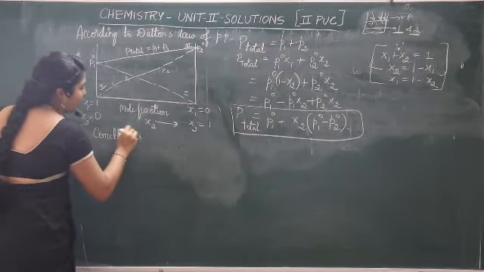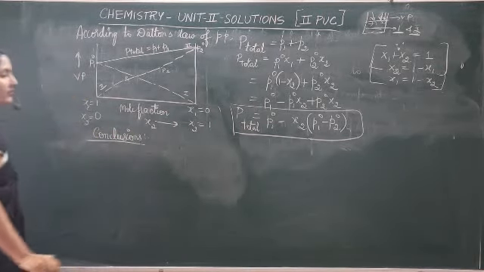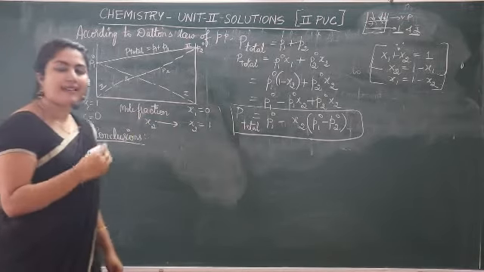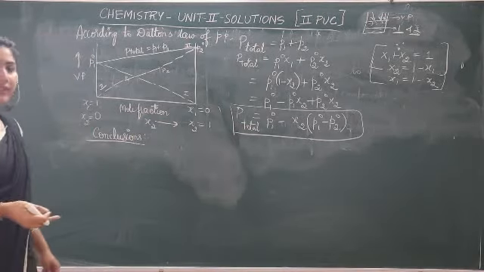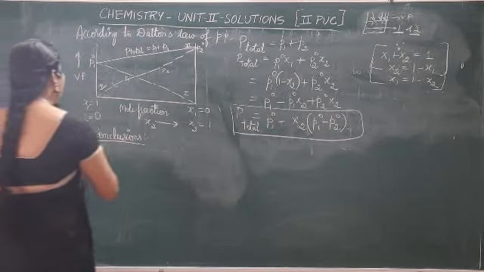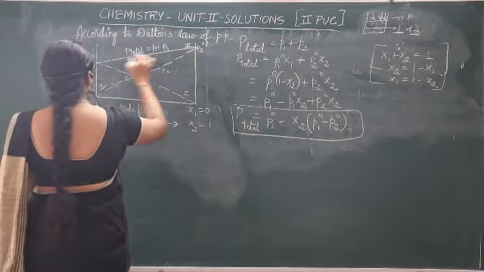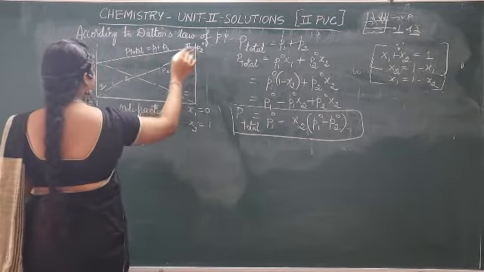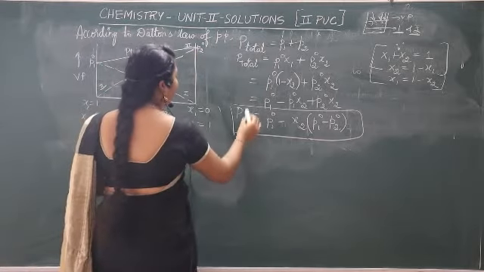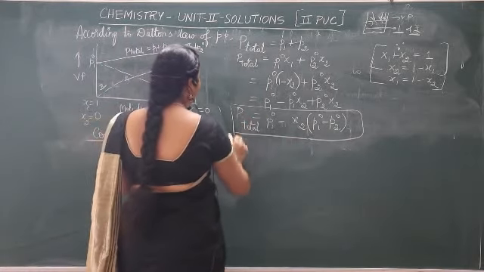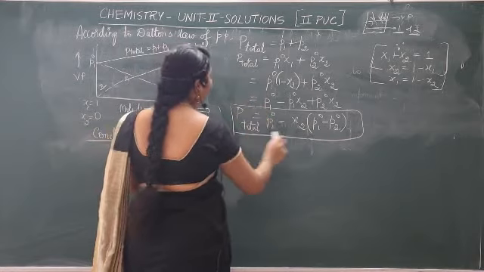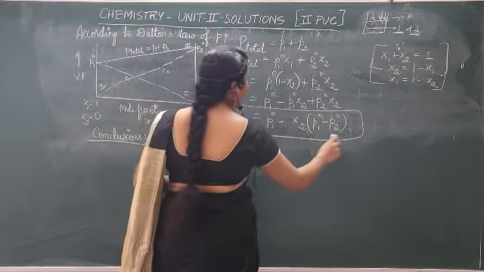Conclusions drawn from this graph. As I explained, you can just make a note of it. The total vapor pressure of the solution can be related to the mole fraction of any one component.